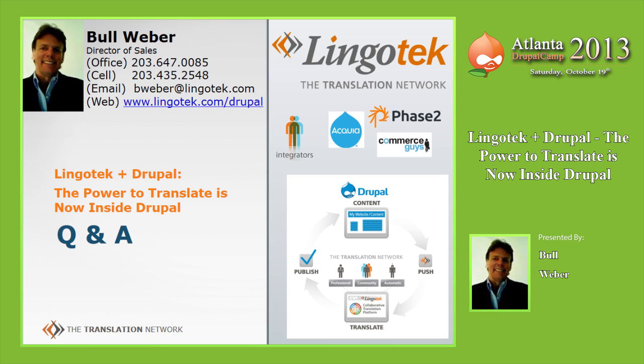So we can keep track of those nodes and how they were translated. Okay. And then the second part of that question is, content is in different stages of workflow, and you have a versioning process potentially in a Drupal installation. Can each of those versions be translated?